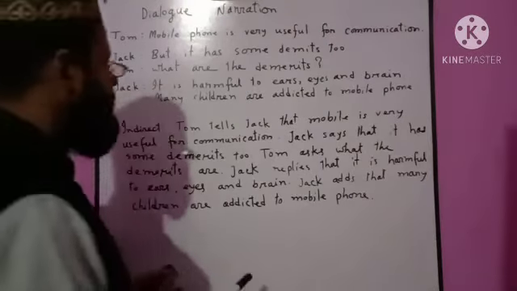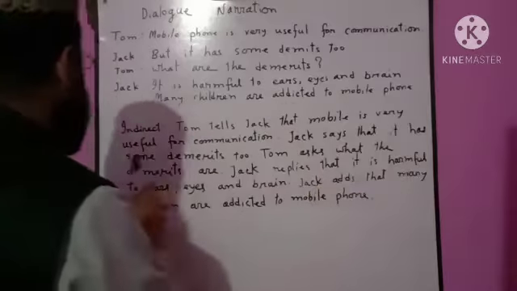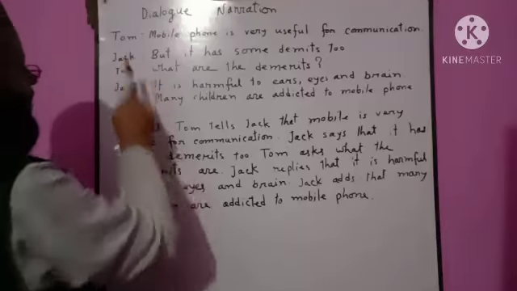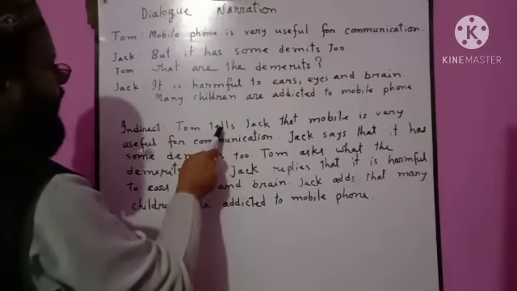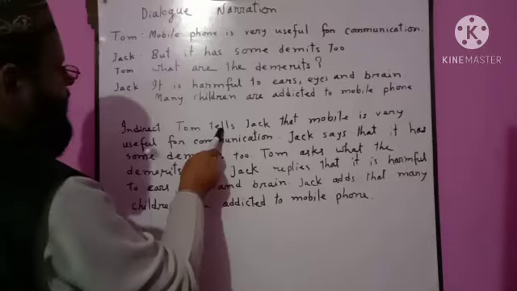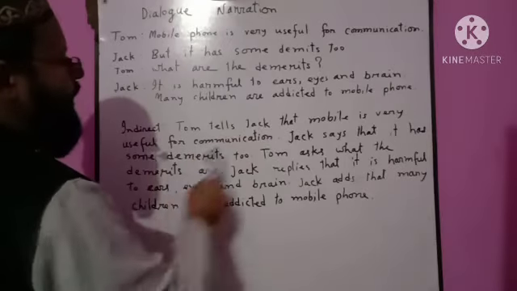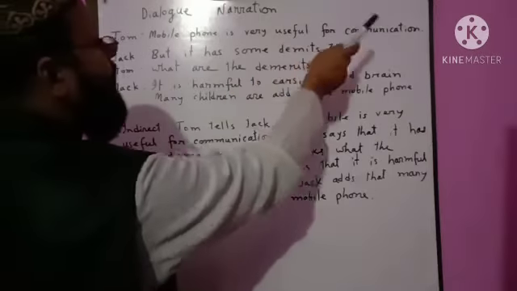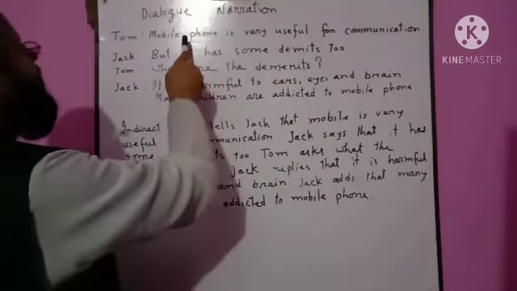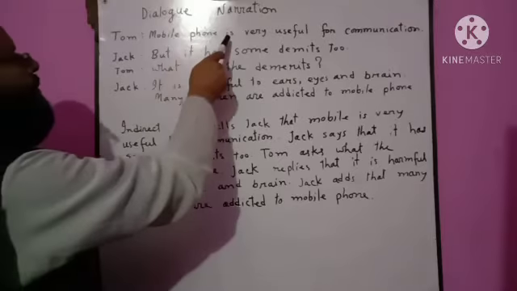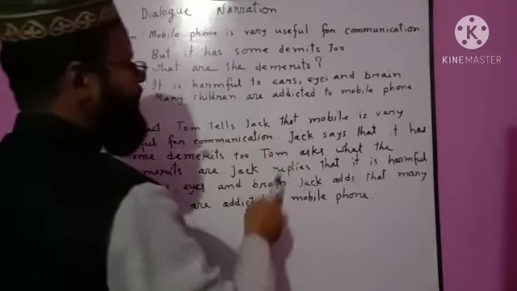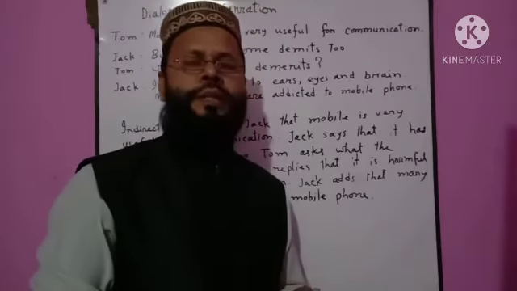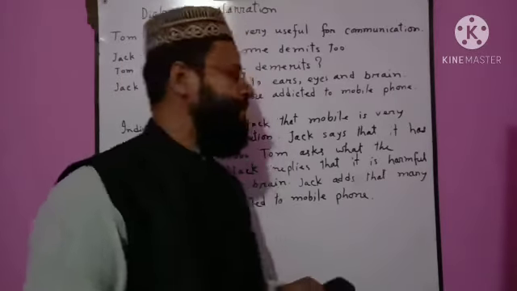Look at the indirect speech. Tom, the first speaker, we use reporting verb in present tense: Tom tells Jack that mobile phone is very useful for communication. It is an assertive sentence and the verb is in present tense, and we shall not change the verb as we use the reporting verb in present form.